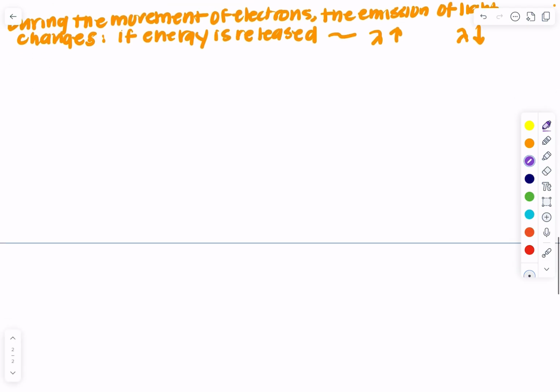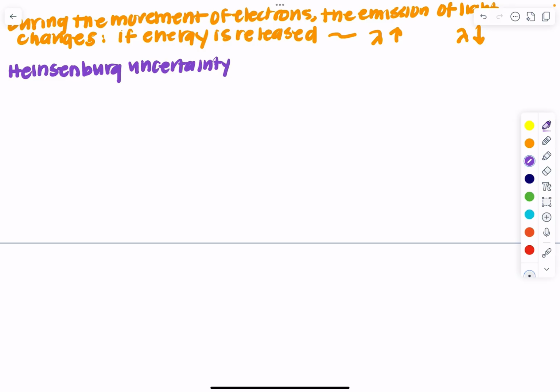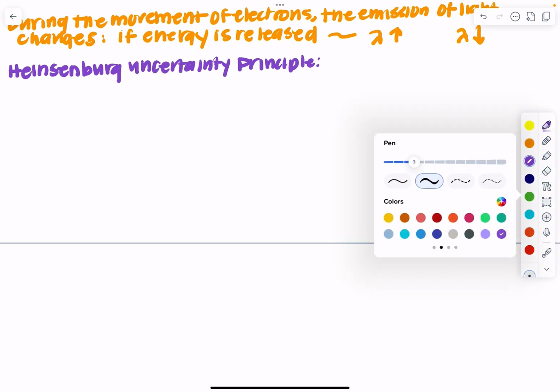In a way, this is sort of explained by the Heisenberg uncertainty principle. You won't have to know how to do any calculations around this, but I think it's important for us to get an idea of what Heisenberg said.